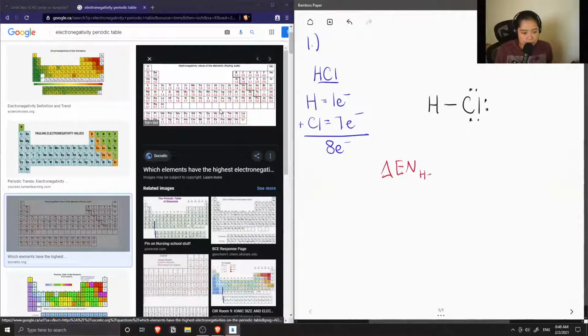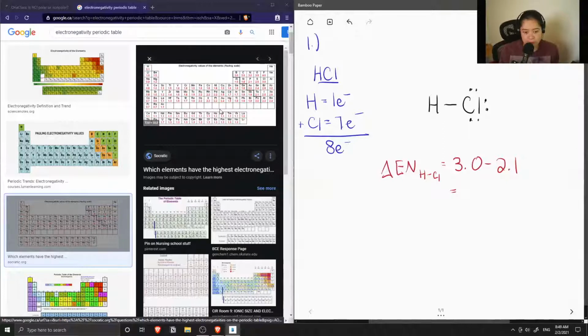Okay, so the difference in electronegativity between hydrogen and chlorine. So chlorine has an electronegativity value of 3.0, and hydrogen's is 2.1.